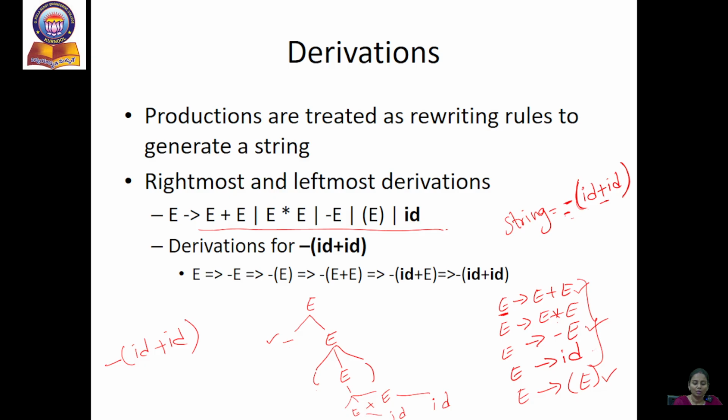So we can derive the string minus of id plus id by using this grammar. In this parse tree, you can observe we have used elaboration by substituting a non-terminal using its production rules.